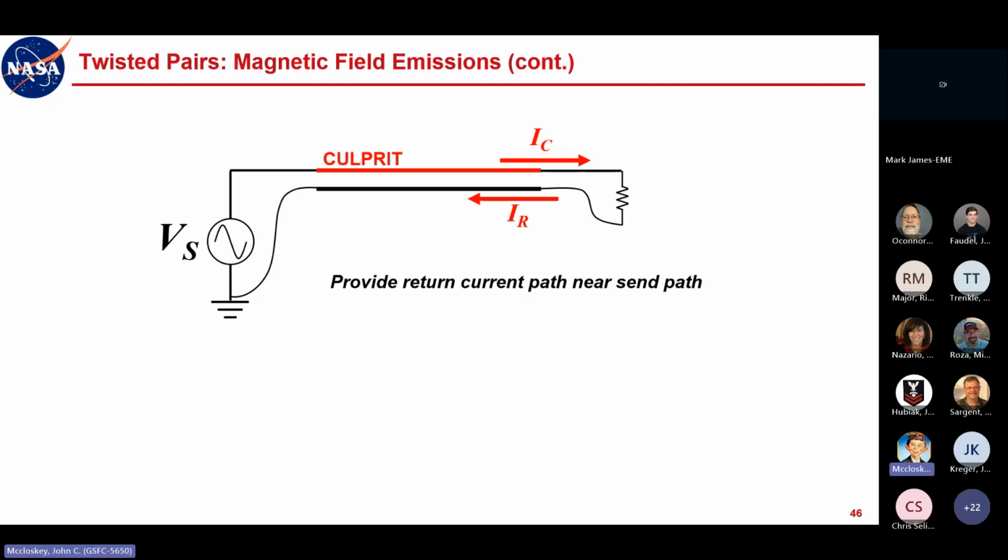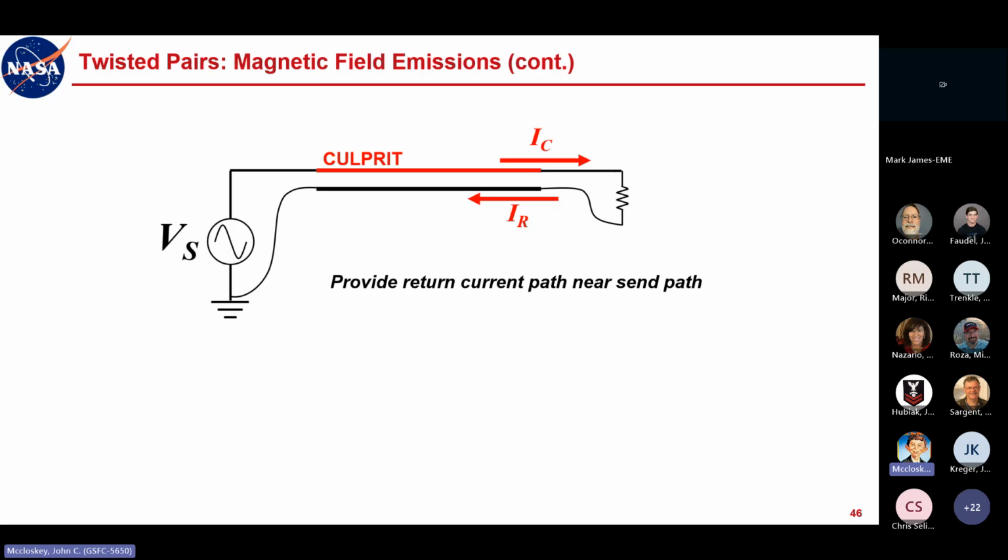One of the biggest issues with magnetic coupling is if you just treat your send path as some conductor going off to a load somewhere, and the return path is whatever it is, like on a structure or what have you, then you can have a huge loop there, and that will generate some significant magnetic emissions. So one of the best things you can do is provide a return current path that's as close as possible to the send path.